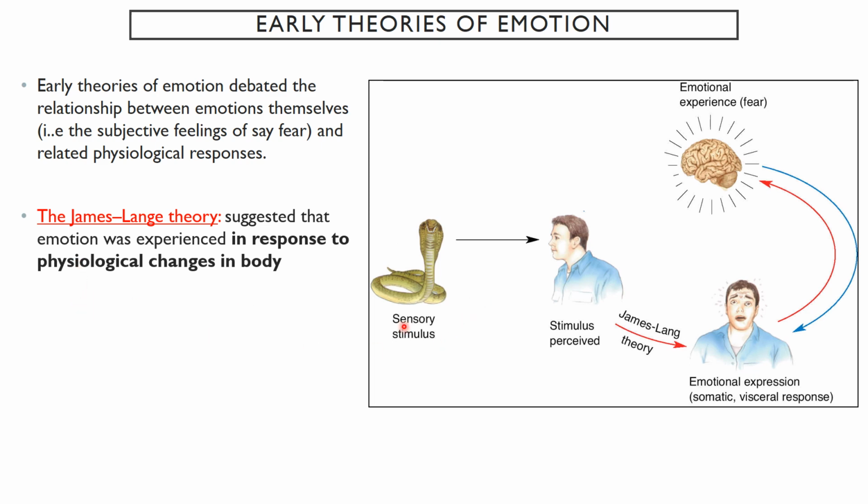So in this theory, the idea is that there's a sensory stimulus. Seeing a snake, the stimulus is perceived. And then within the James-Lange theory, the emotion is in response to the physiological changes. Because the stimulus perceived will induce a visceral response, we generally have a natural inclination to be fearful of snakes.